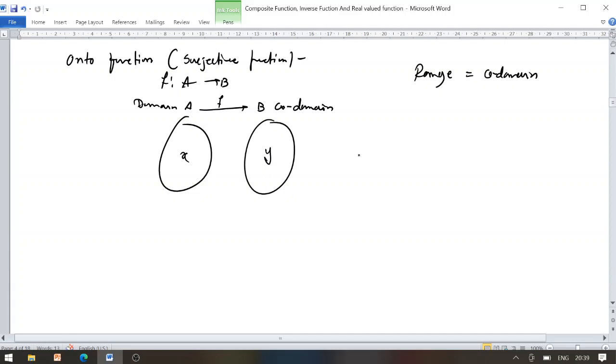Then there exists y belonging to the codomain, it has a pre-image, or it is the pre-image of some element from set A, that implies there exists x belonging to A such that f of x equals y.